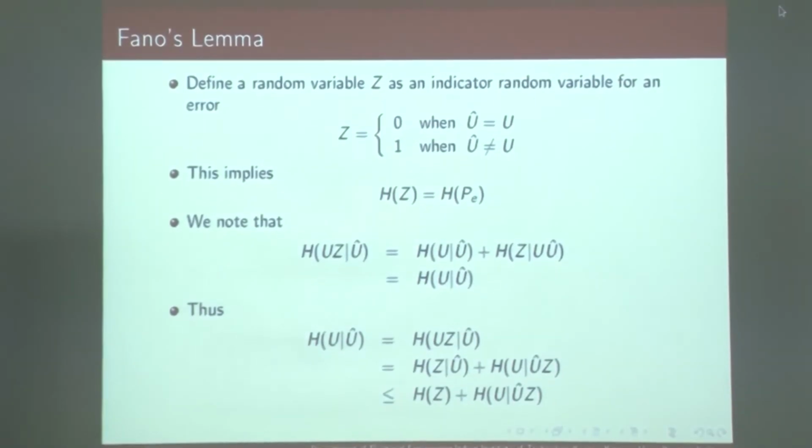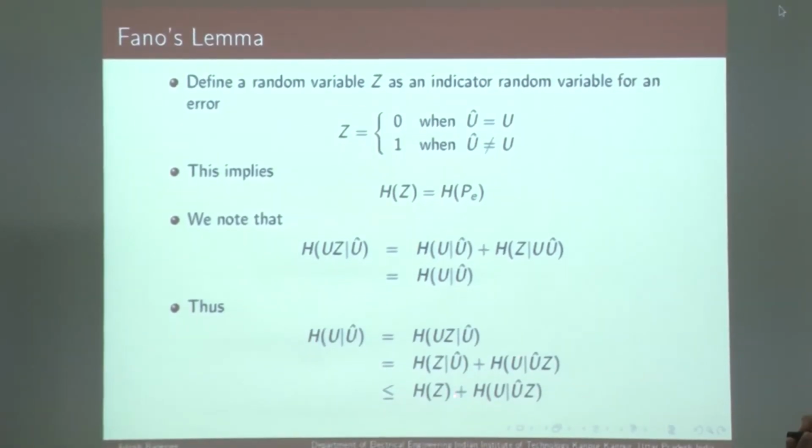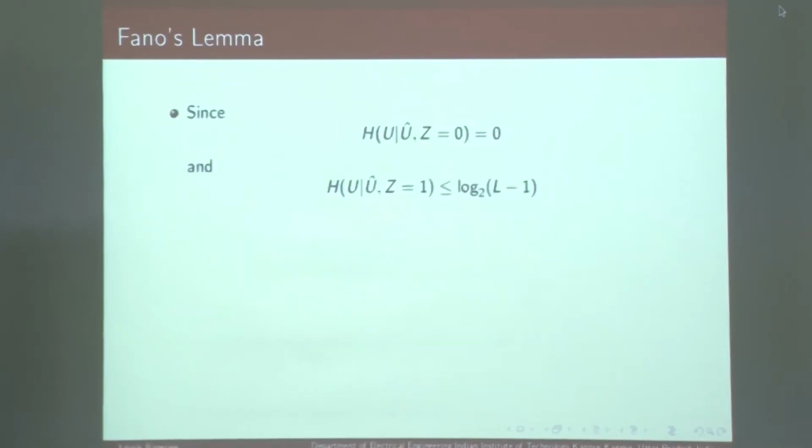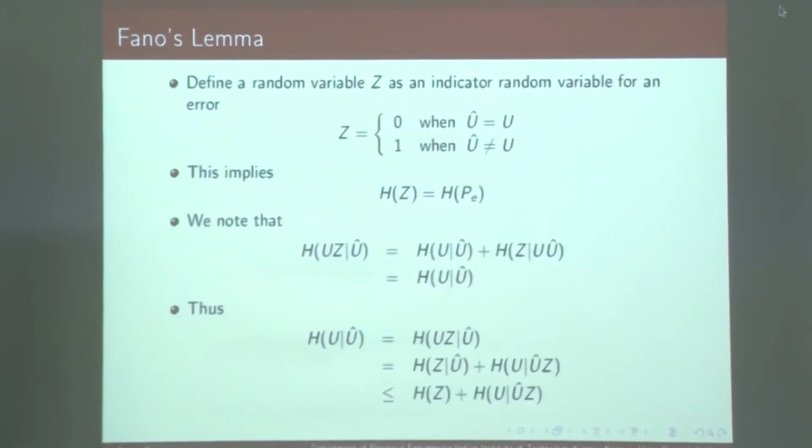Now, we are going to calculate this H of U given U hat and Z. So, to compute this, what I am going to do is, I know Z takes values 0 and 1. So, I am going to compute H of U given U hat and Z equal to 0, and similarly H of U given U hat and Z equal to 1.